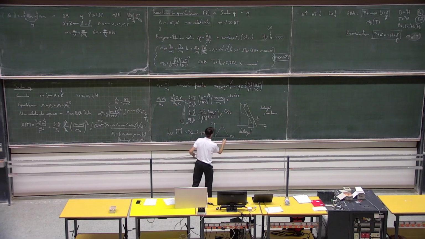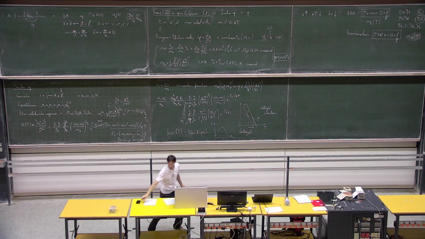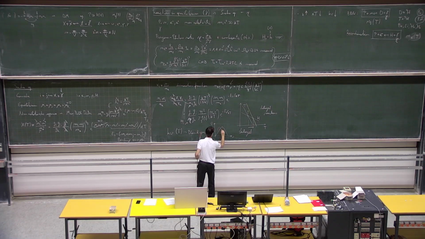If the temperature is going down, the peak is moving in this direction. So as the temperature decreases, the Planck spectrum does something like that, okay? It moves like that. So the temperature here is larger than the temperature here. T2 smaller than T1.